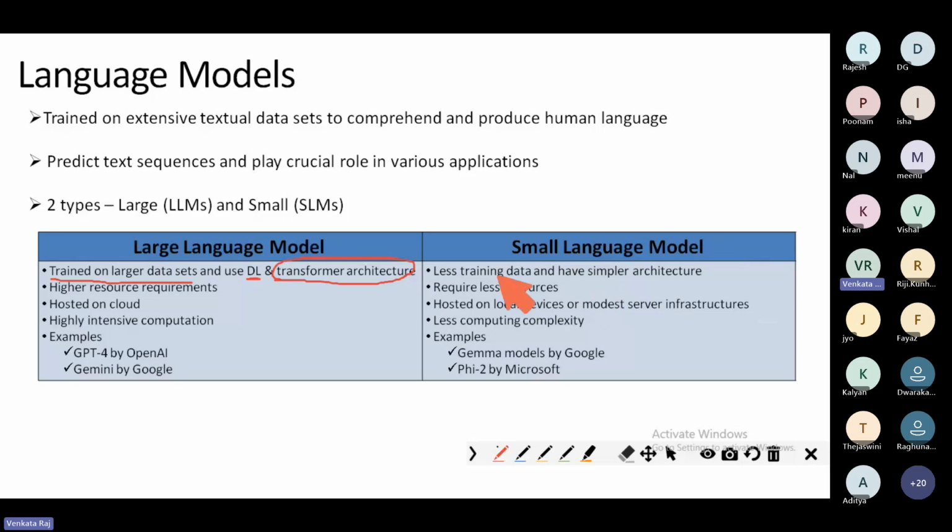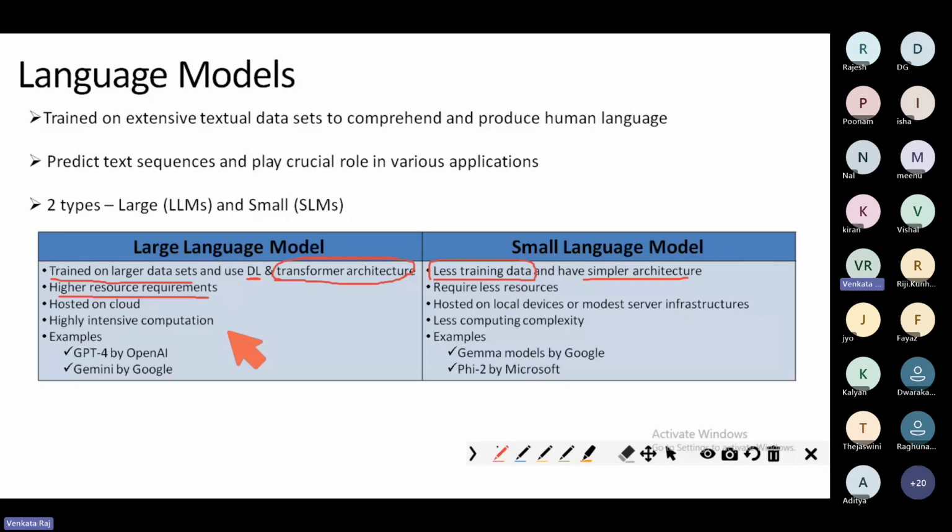But small language models are trained on less data, guys. The small language models are trained on less data and they have a simpler architecture. Your large language models need high resource requirements. What is a resource, guys? For example, the hardware on which you want to run.